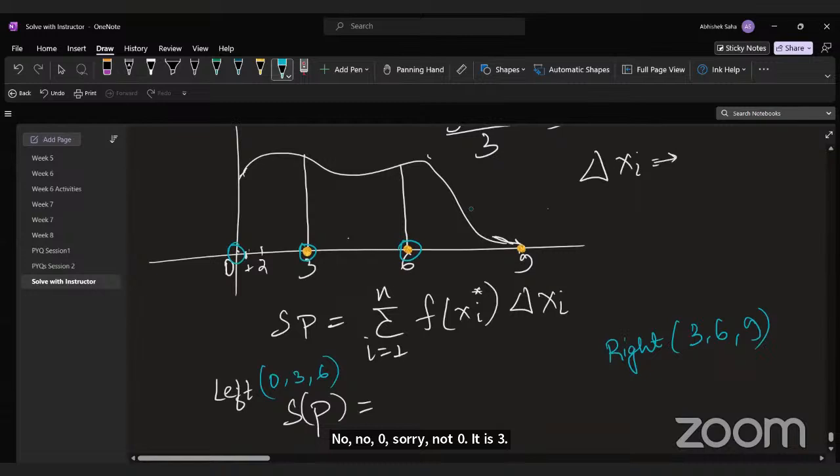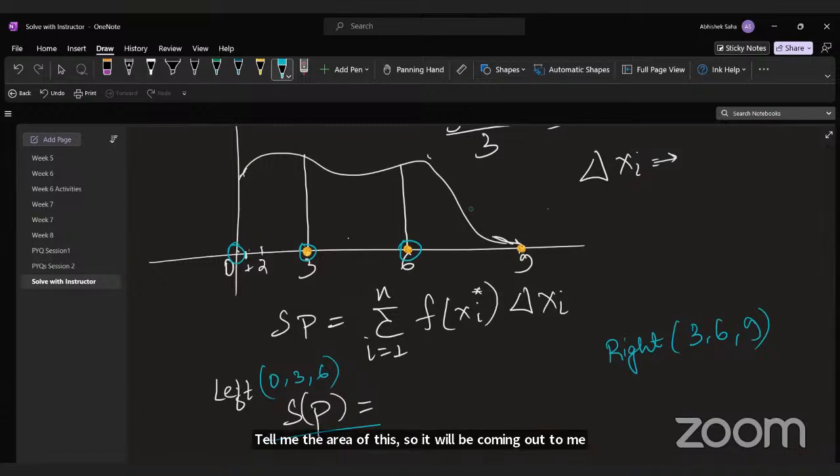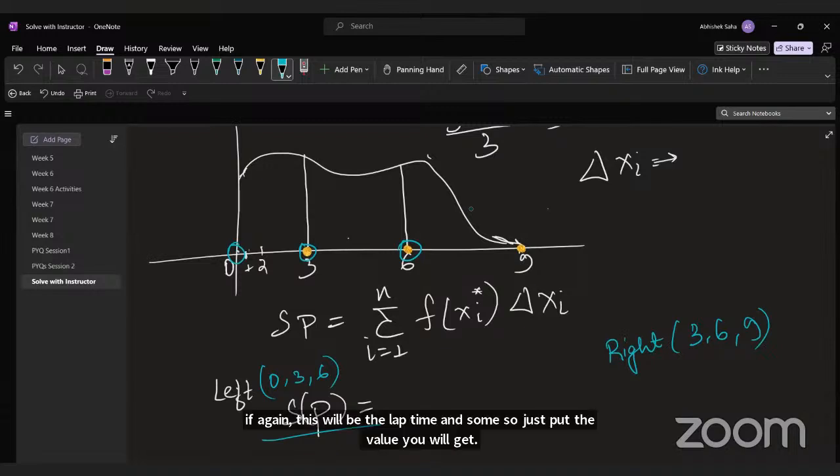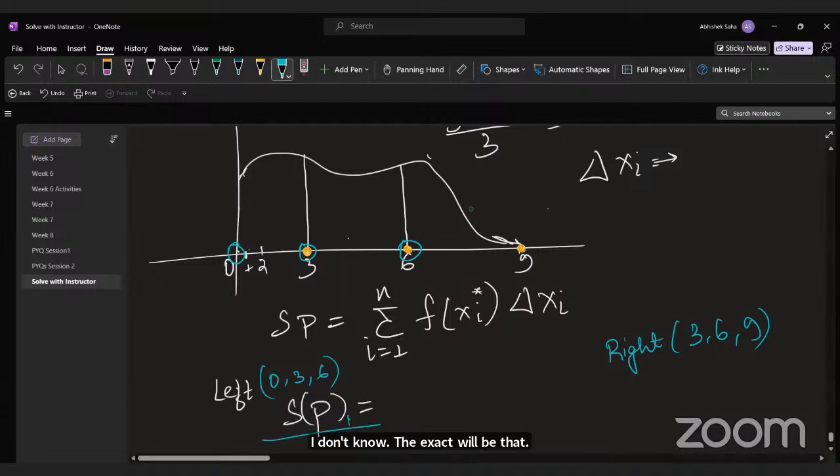And now, tell me the area of this. This will be the left Riemann sum. I don't know the exact equation of this curve, so just put the values in.